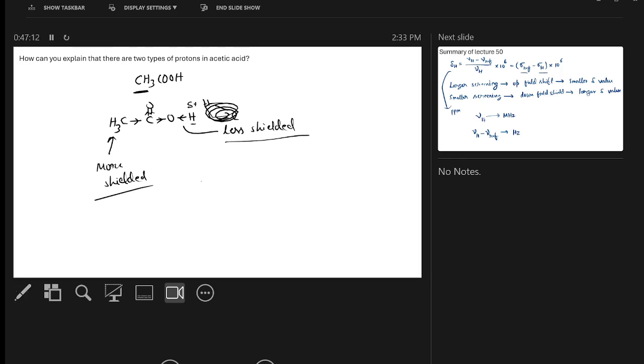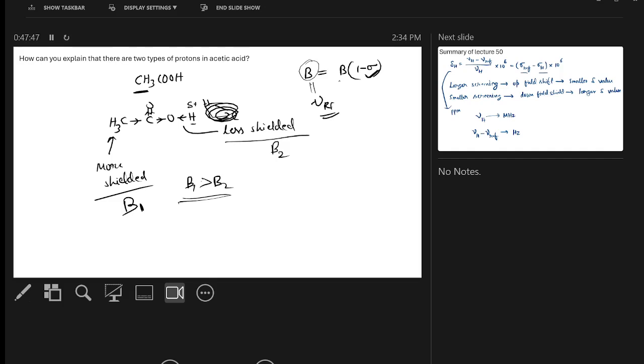More shielded. More shielded means your B here, let's say B1, and for this I will say B2. Your B1 must be greater than B2, because we saw in the last lecture this B is nothing but B1 minus sigma. So higher shielding means you will have to apply a higher magnetic field so that it will be equivalent to your nu RF. For the transition to take place, you will have to apply a higher magnetic field.